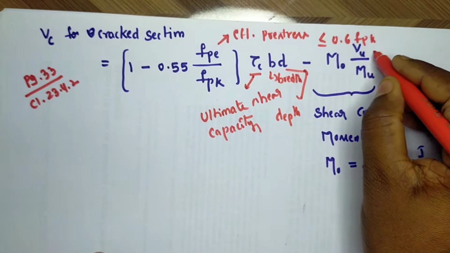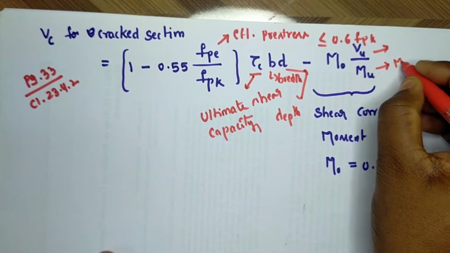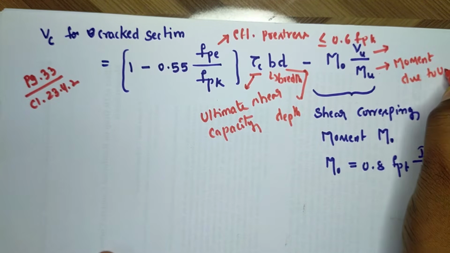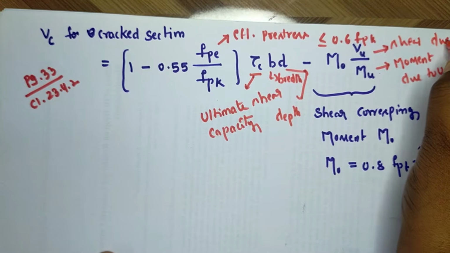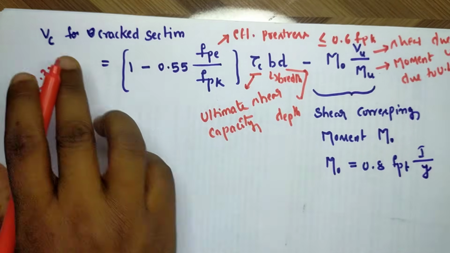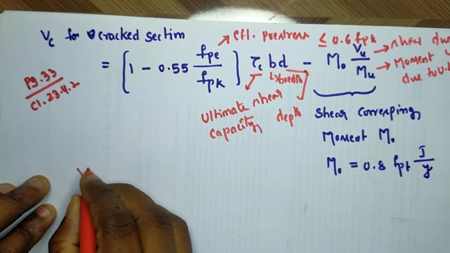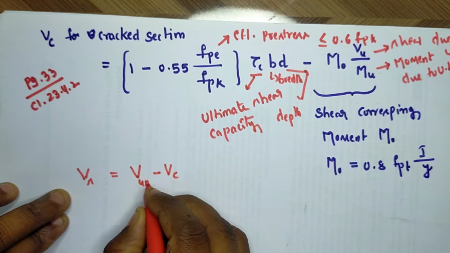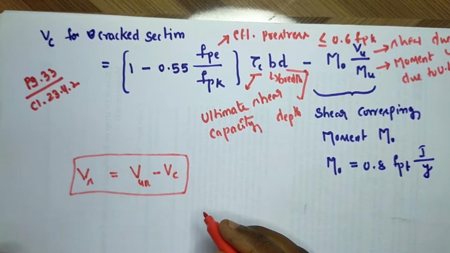Here Mu and Vu are the moment and shear: Mu means moment due to ultimate load, and Vu means shear due to ultimate load. Once we know all these terms, we can determine the Vc in cracked sections. Once we know Vc, to design the stirrups, we need to deduct this value from the overall shear.